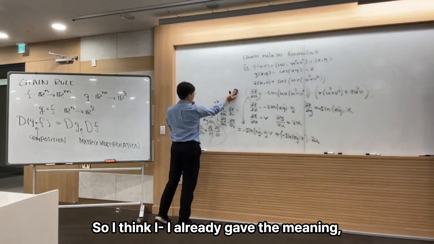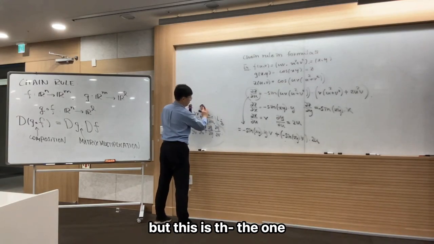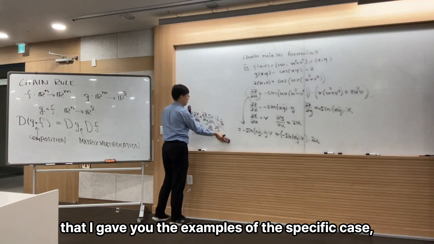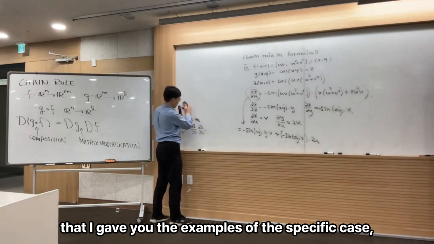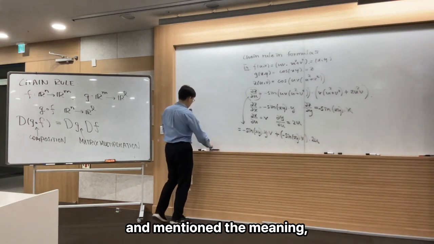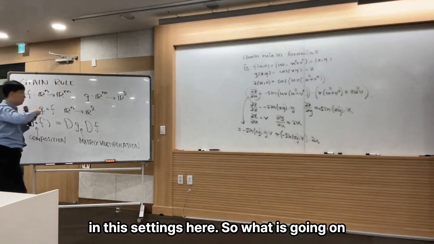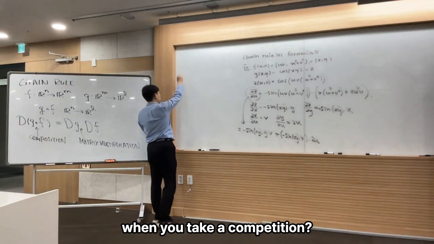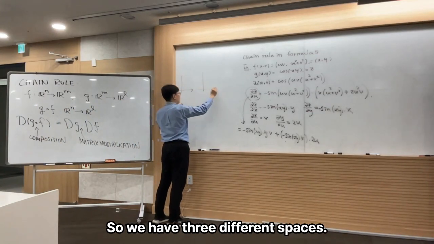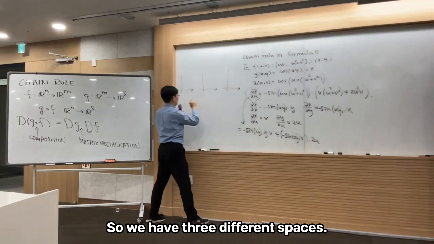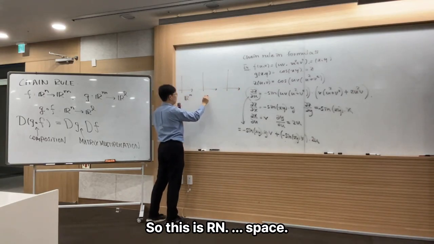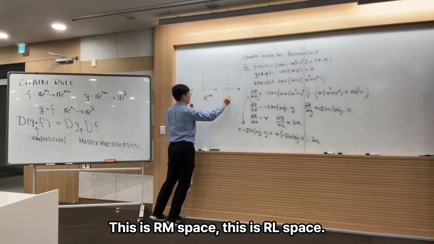So I think I already gave the meaning, but that was with examples of a specific case. Let's also give a meaning in these general settings. What is going on when you take a composition? We have three different spaces. This is R^n, this is R^m, this is R^l.